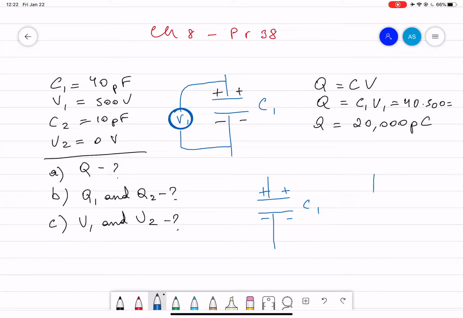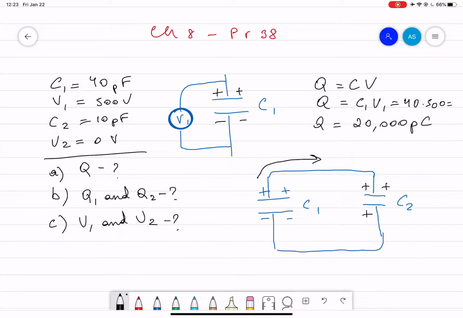We connect the second capacitor, which is uncharged, so C2, to the terminals of the first capacitor. Now when you connect it to the second uncharged capacitor, what happens? All the positive charges will move to the right, and C2 will start charging. That means some of the charge Q, which was initially there, will move to C2.